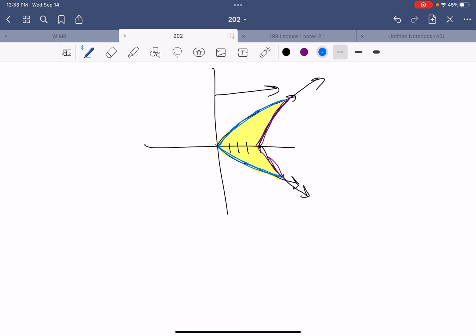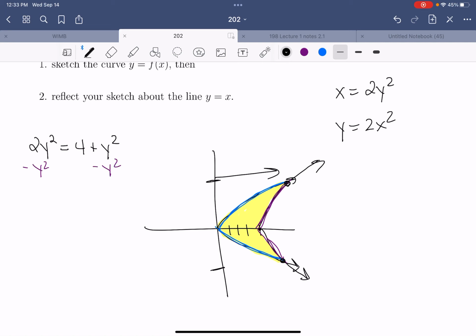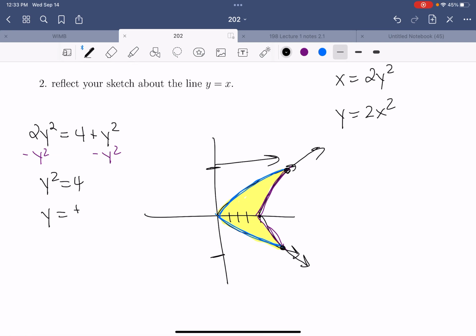So then what we really need to know is how our y values change. So I need to know what are these points where my graphs intersect. And we do that exactly the same way we did before. You're going to set 2y squared equal to 4 plus y squared and solve. So I'm going to subtract a y squared from both sides, and that's going to give me y squared equals 4. Take the square root of both sides, and that gives you y equals plus or minus 2. So this is positive 2 and negative 2.